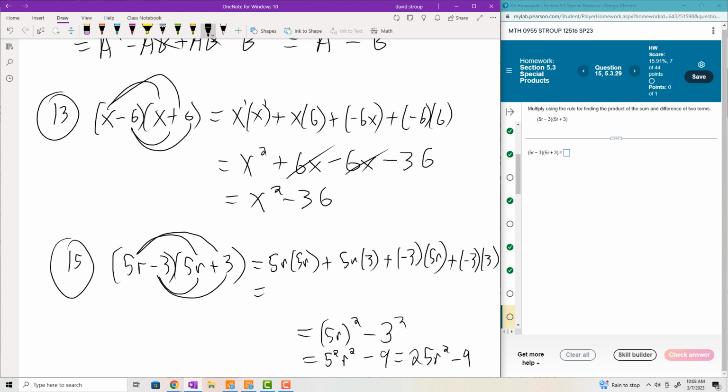So 5r times 5r will be 25r squared, plus 3 times 5r is 15r, and then negative 3 times 5r is negative 15r, and then plus negative 3 times 3, let's just write that as minus 9. And of course, the inner and outer terms cancel, and you're left with what we predicted, 25r squared minus 9.